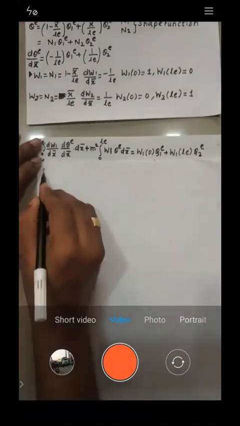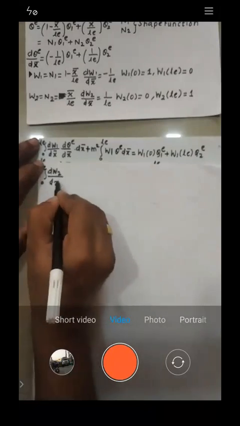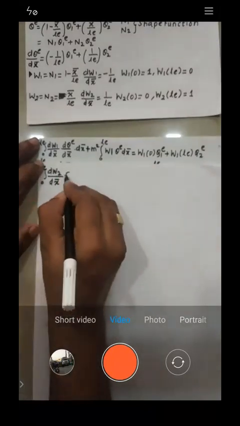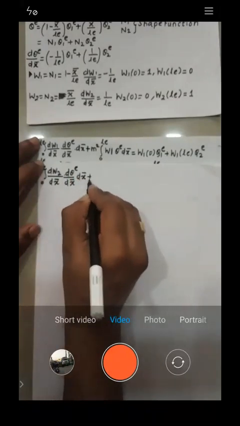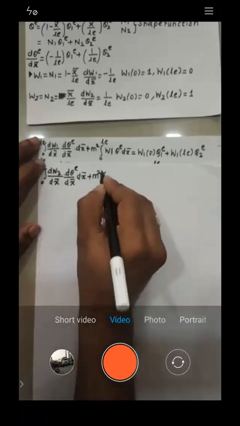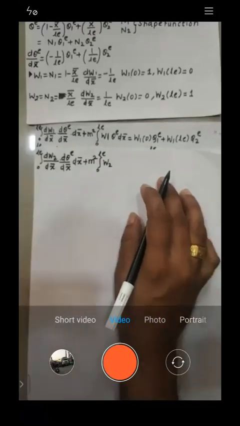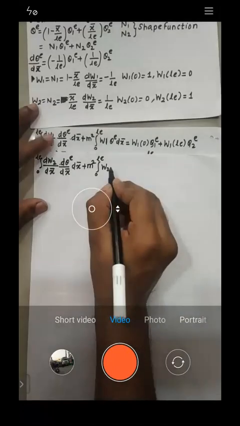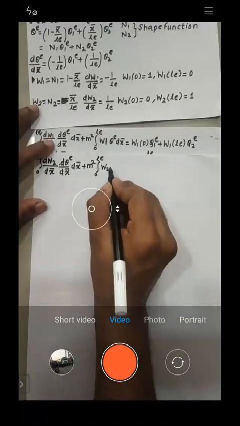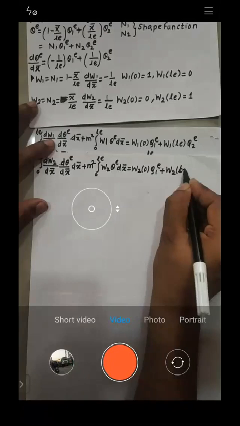Integral 0 to LE dw2 by dx bar into d theta E by dx bar into dx bar, plus m square integral 0 to LE w2 weight function 2, right, into theta E dx bar is equal to weight function when x is 0 Q1E plus weight function when x is LE Q2E.